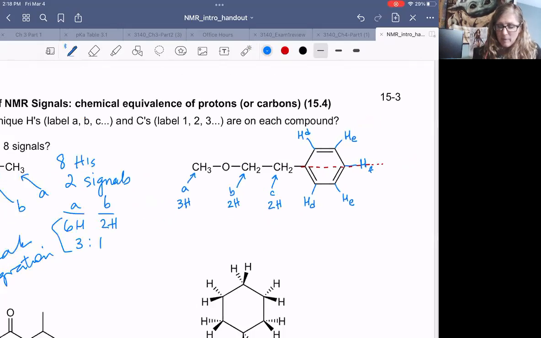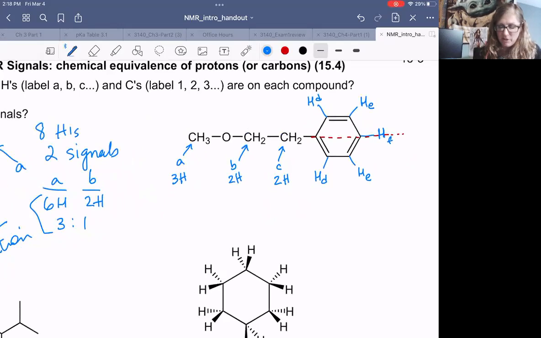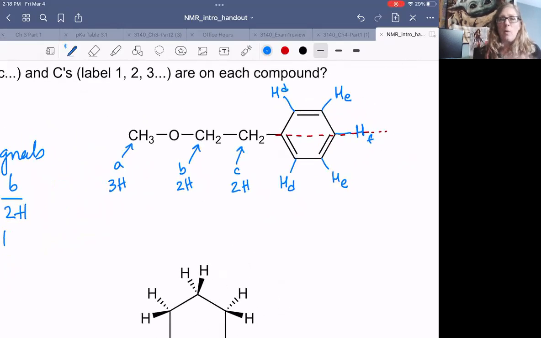Okay, now an interesting little substitution test, and we'll talk about this in just a minute. If you're ever not quite sure if 2 protons are going to be equivalent or not, you can imagine if I put a chlorine here instead of a hydrogen. Would that be the same compound, or a different compound than if I put a chlorine here?